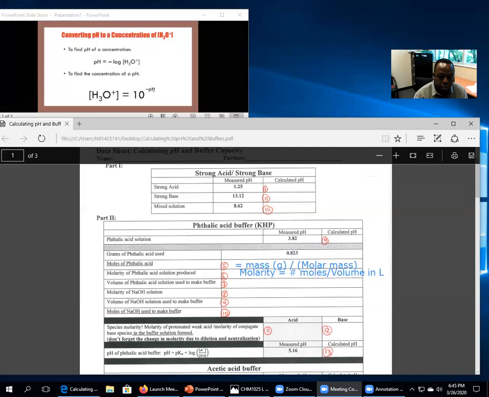Teamwork, okay, 0.04, yeah, you divide by 1,000. That will give you the volume in liters to determine the molarity of the acid, the volume of the acid solution used to make the buffer. So how was the buffer prepared?